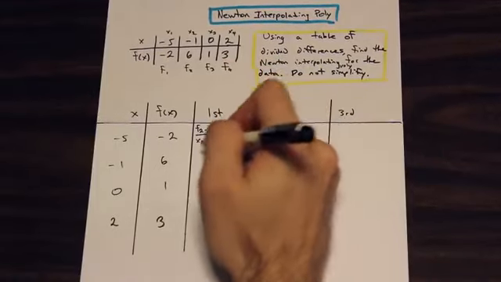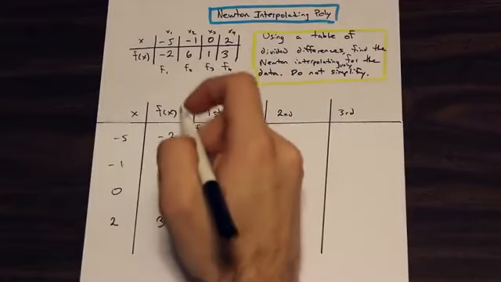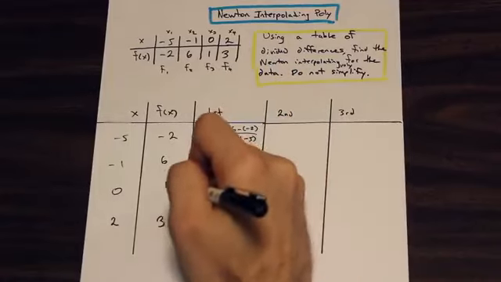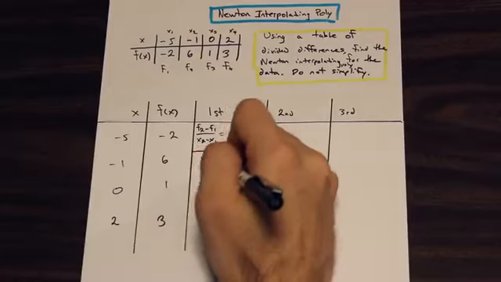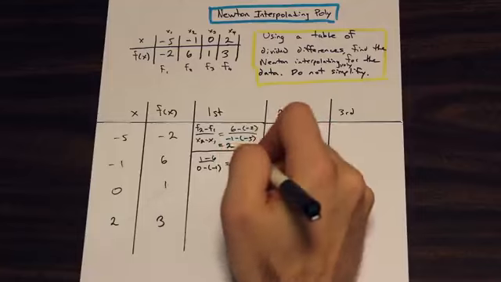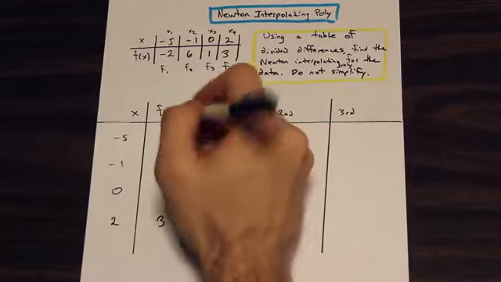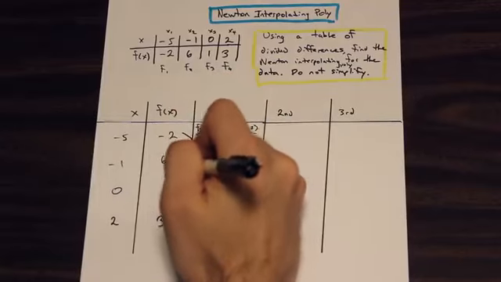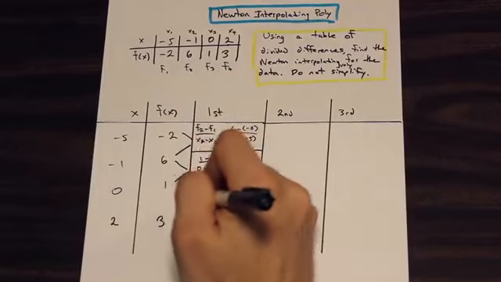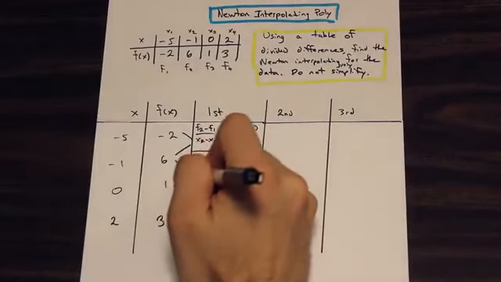We're going to continue doing that for each entry. The next one is 1 minus 6 over 0 minus -1, and that is equal to -5. What we can do here is start to draw these lines, and I'll show you what those mean in a sec.